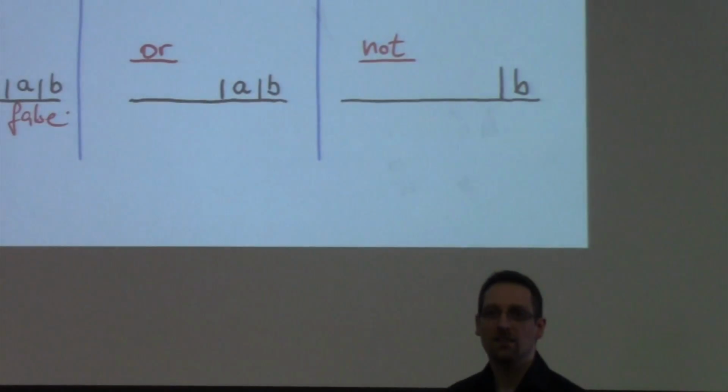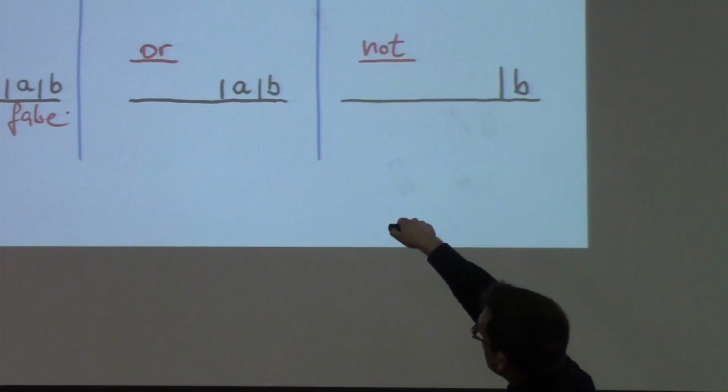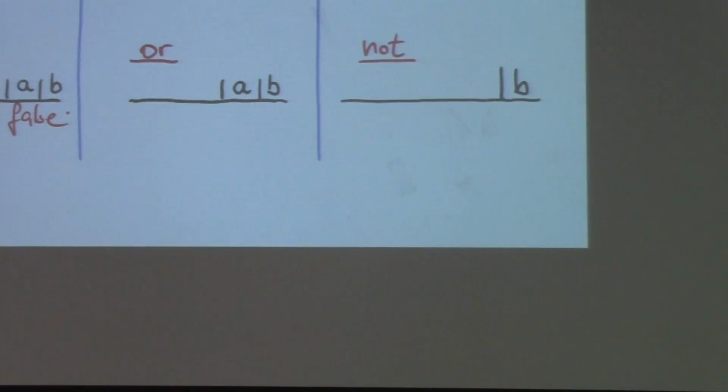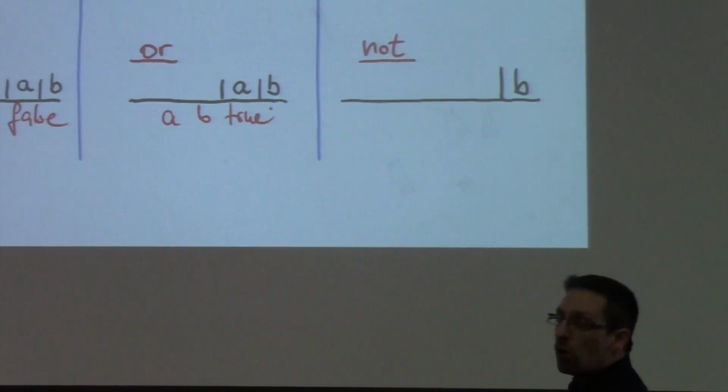So would it be A, B, true? Let's see, that sounds promising. Let's see, so if we have an A, let me just write this down as a candidate. A, B, true. So let's see, if A is true, then we always want to return true, right? No matter what.